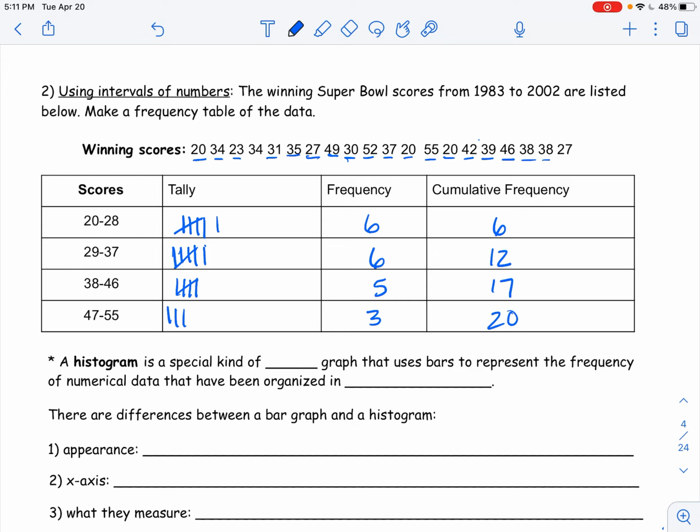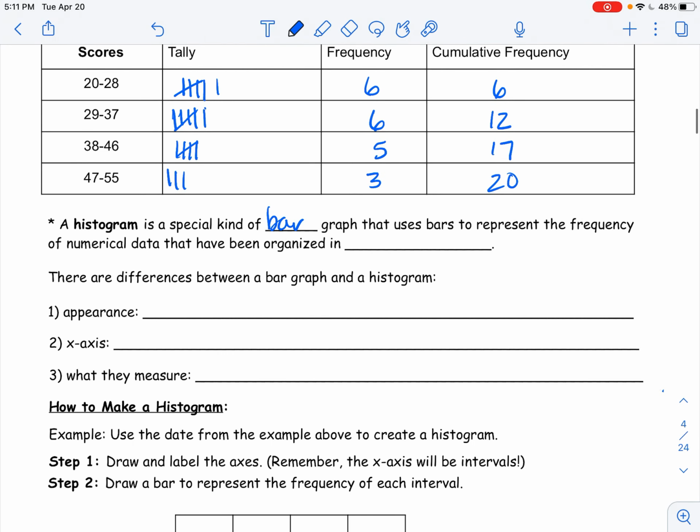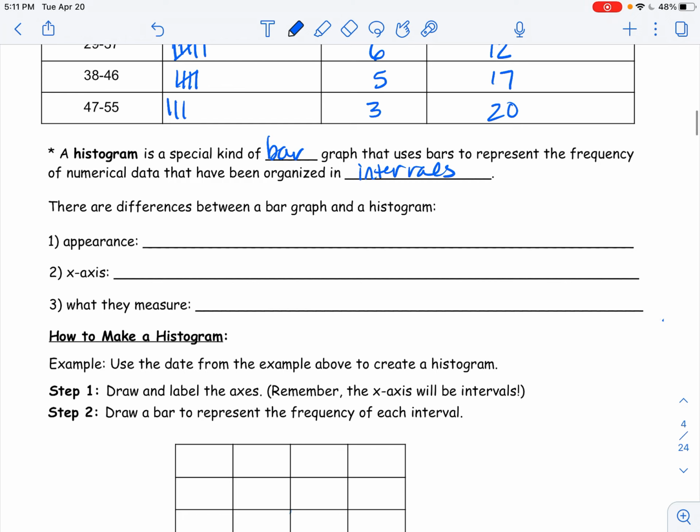A histogram is a special kind of bar graph that uses bars to represent the frequency of numerical data that have been organized into intervals. There are differences between a bar graph and a histogram. So here are some differences. In histograms, the bars touch.